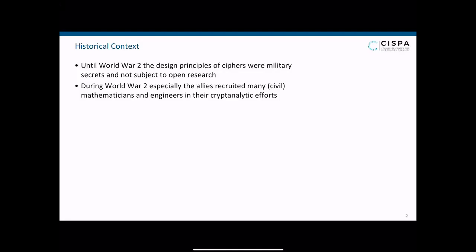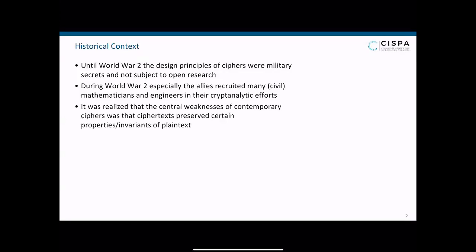However, curiously, in World War II, especially the Allies recruited many civil mathematicians and engineers in their cryptanalytic efforts. Right, the most well-known case of that being, of course, Alan Turing, who worked for the British cryptanalysis effort in Bletchley Park.